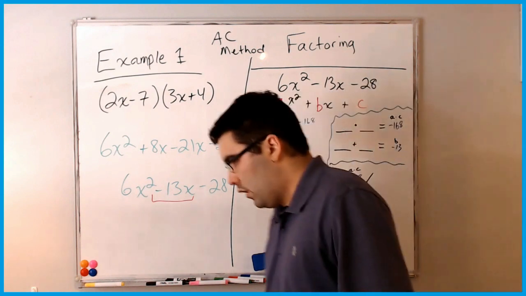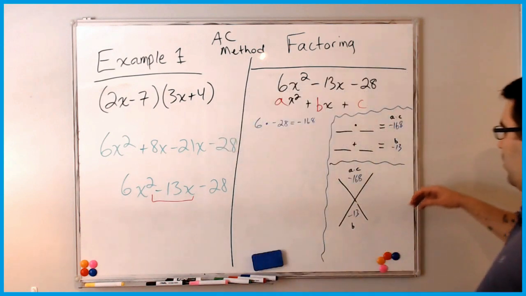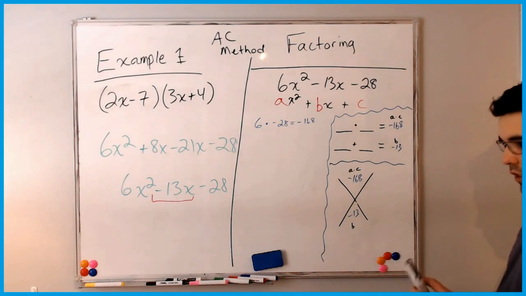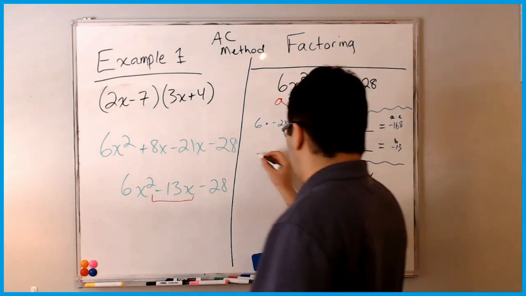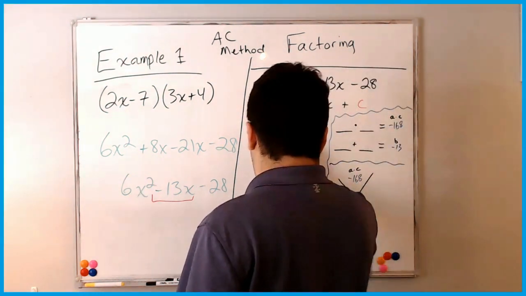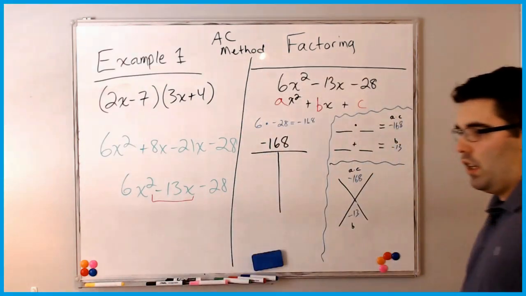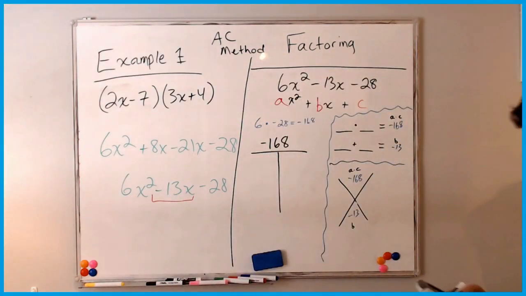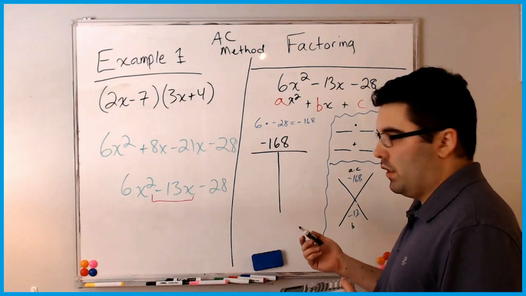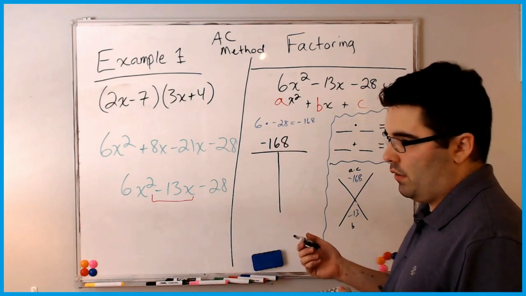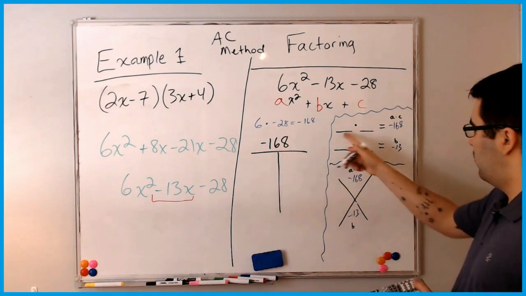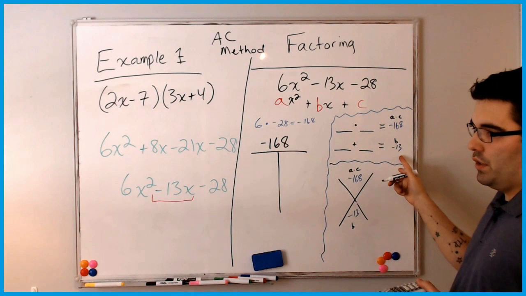All right. The challenge now, of course, is what numbers multiply to give me 168, but add to give me 13. This is what you're going to want to do: make a chart. If it's a smaller number, it might be obvious, but if it's not, it's not going to be obvious necessarily. So 168 divided by 1 works, but you don't add those and get negative 13.